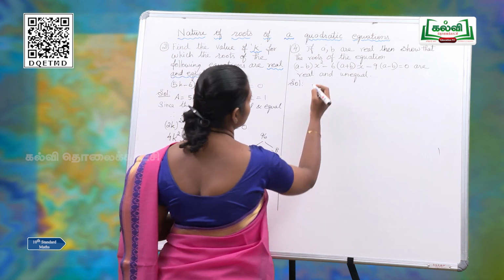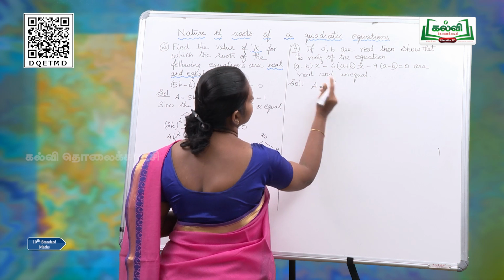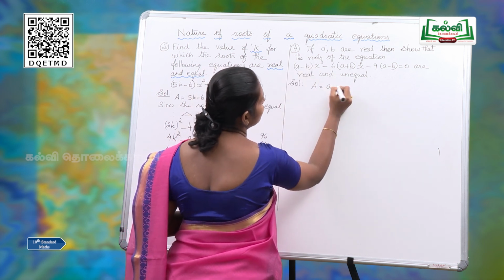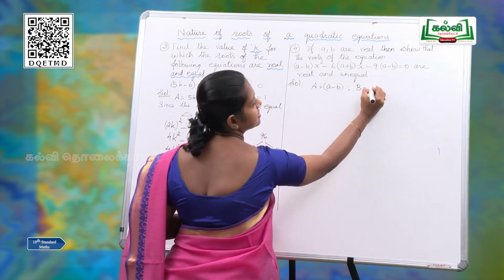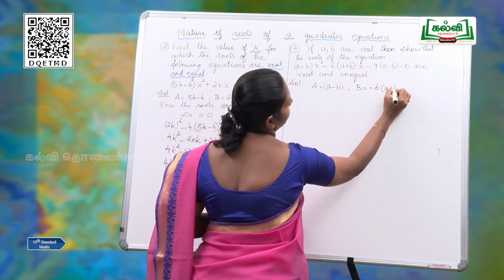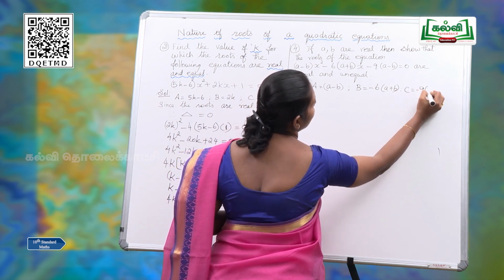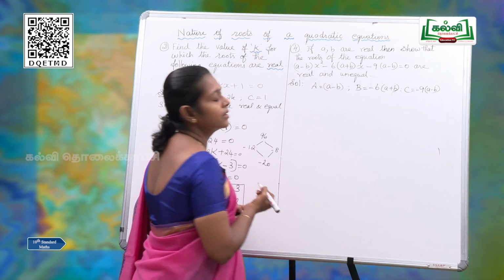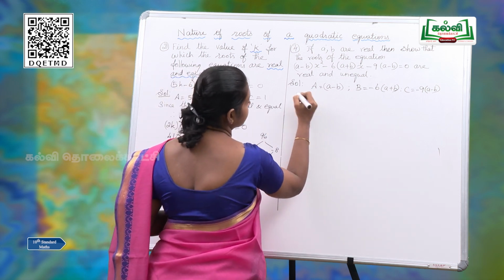Now, as usual, we have to take what is a. Coefficient of x squared. Next, what is b? Minus 6(a plus b). Then, what is c? Minus 9(a minus b). Next, applying that delta.